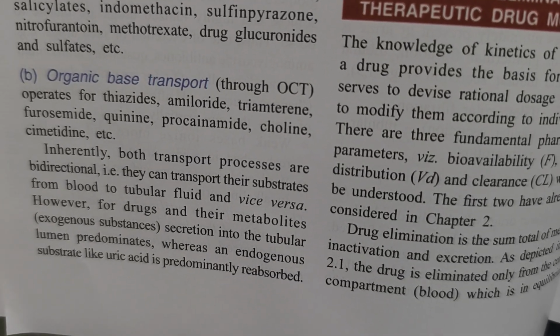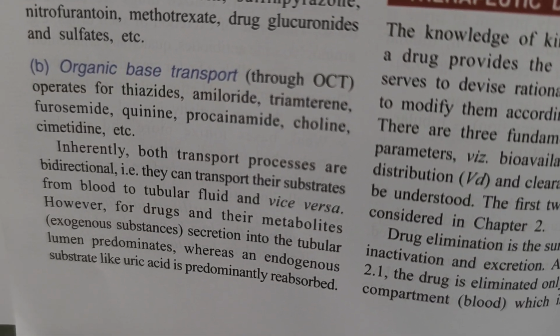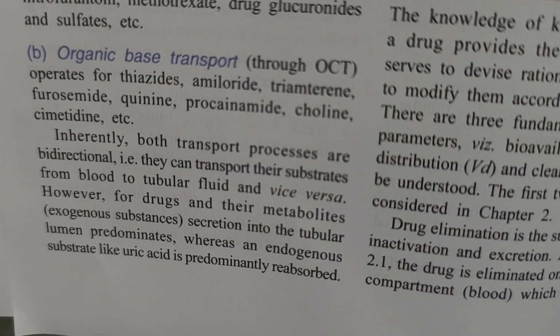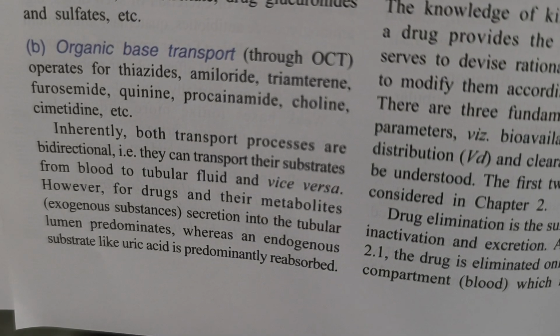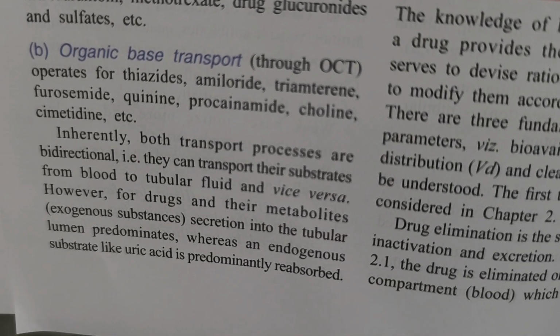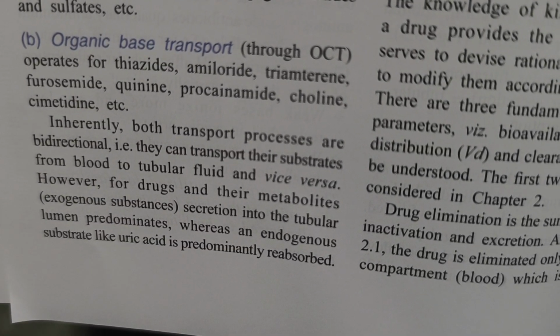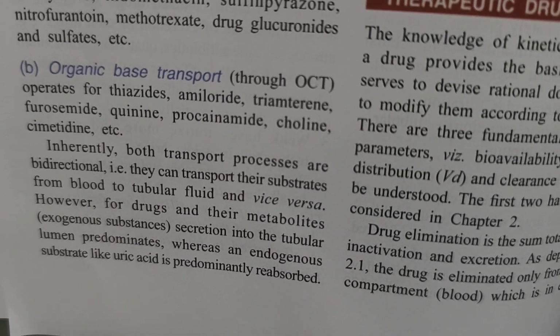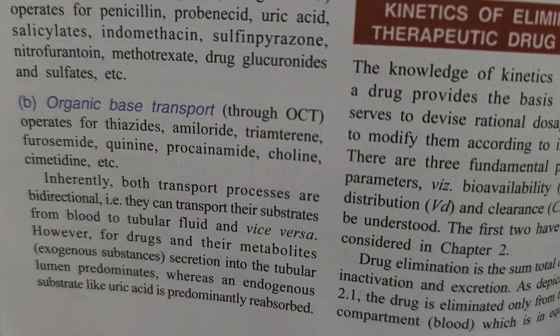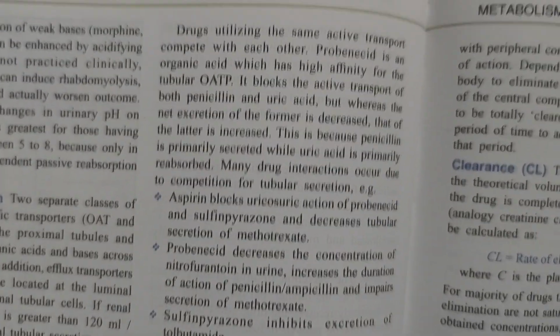Inherently, both transport processes are bidirectional, that is, they can transport their substrates from blood to tubular fluid and vice versa. However, for drugs and their metabolites, secretion into the tubular lumen predominates, whereas an endogenous substrate like uric acid is predominantly reabsorbed.